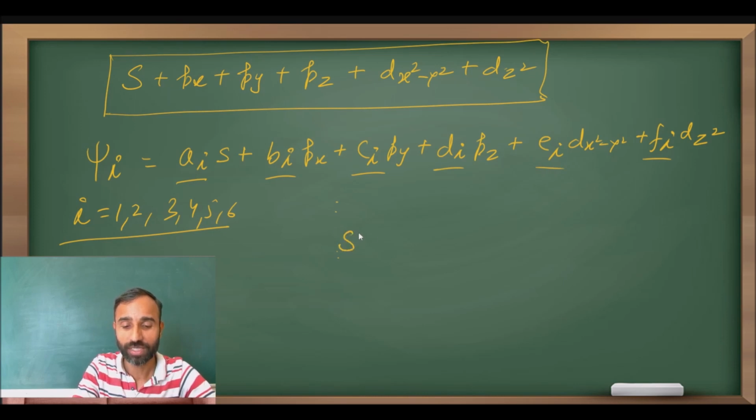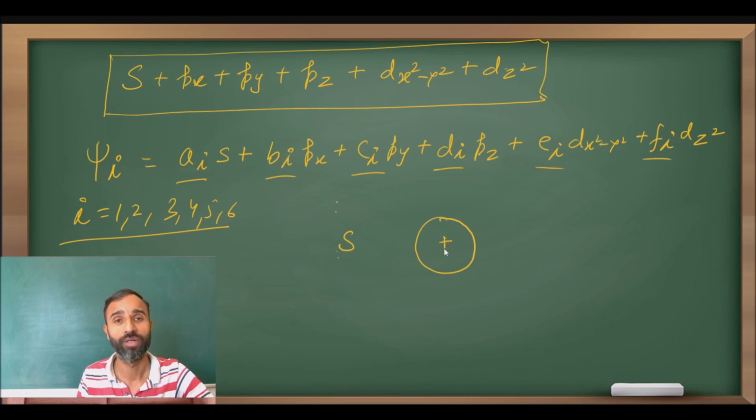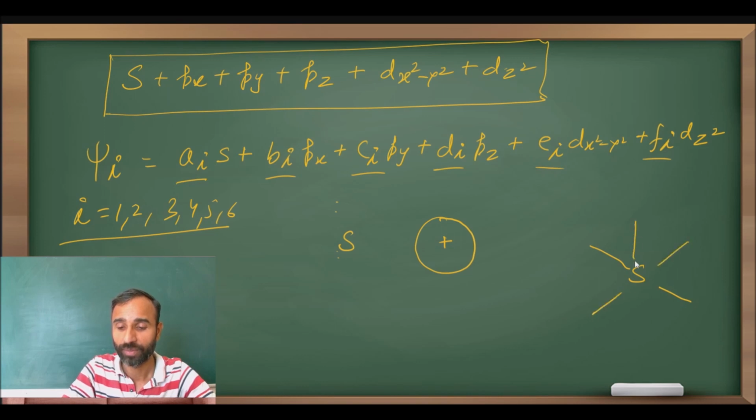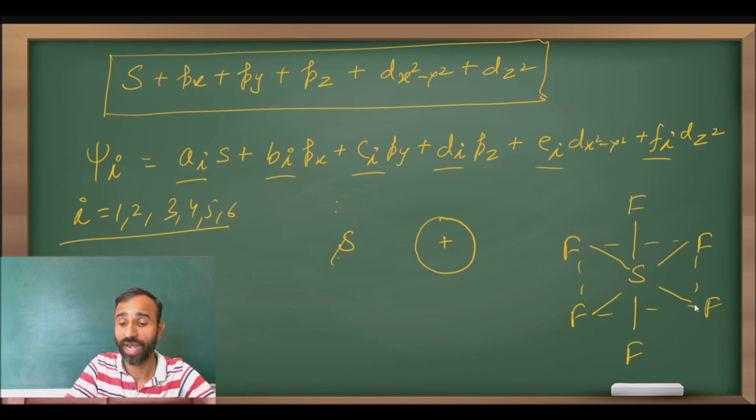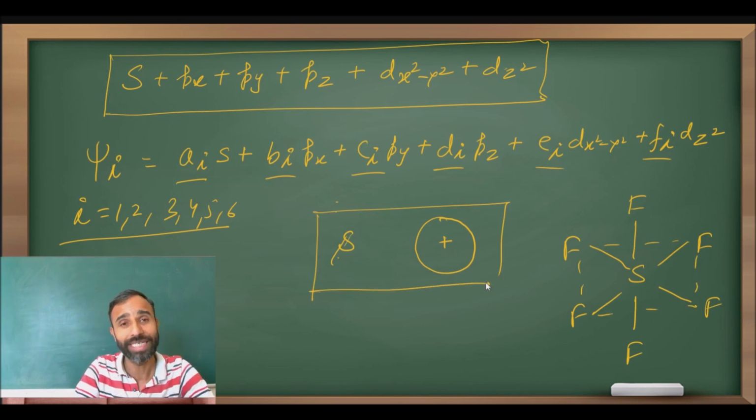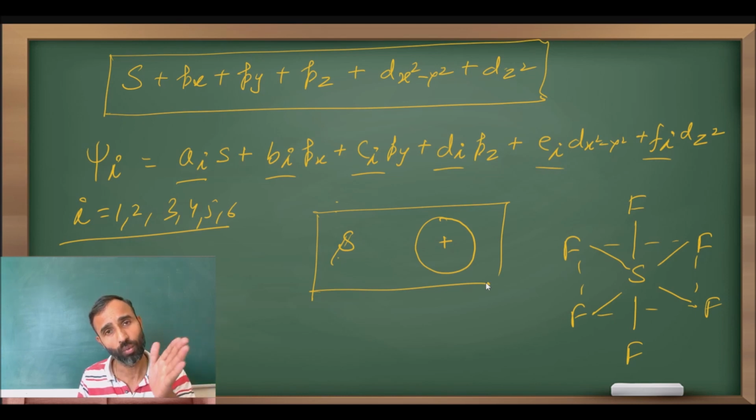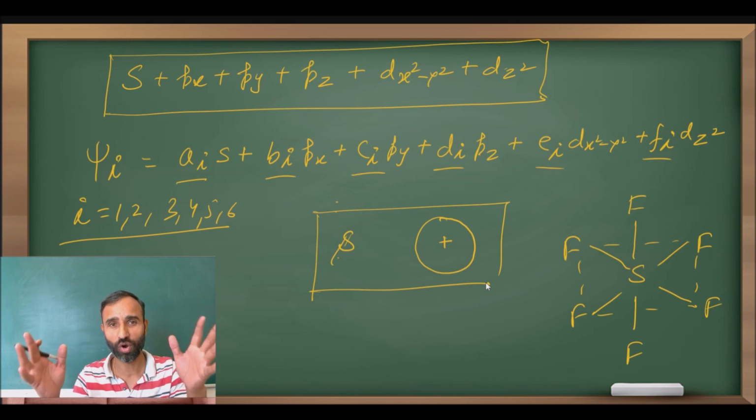Now come to the next part. First, let us think about the contribution of s. The s orbital is spherically symmetrical. So in SF6, the s orbital is involved in all the 6 orbitals and it is involved equally. For each hybrid orbital, the contribution is 1/6 because there are 6 hybrid orbitals and only one s orbital, and that is involved in all the 6.